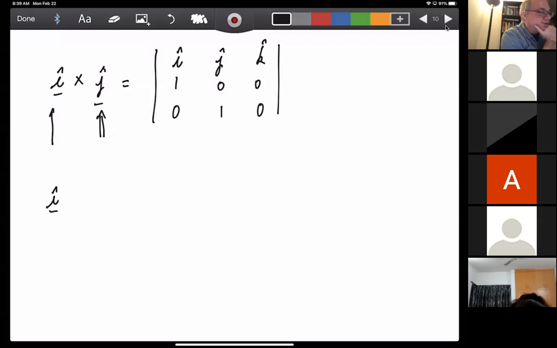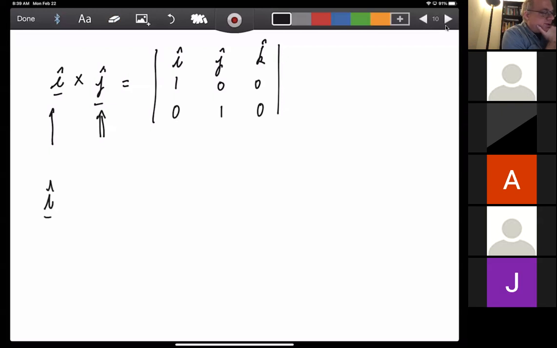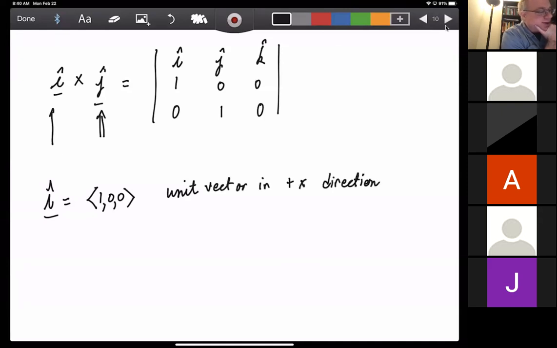Oh, wait, I have a question. Where did you get 1, 0, 0 and 0, 1, 0 from? What is i hat? It's exactly this vector. That's a unit vector in the positive x direction. Oh, thank you. Okay, j hat is the vector 0, 1, 0.